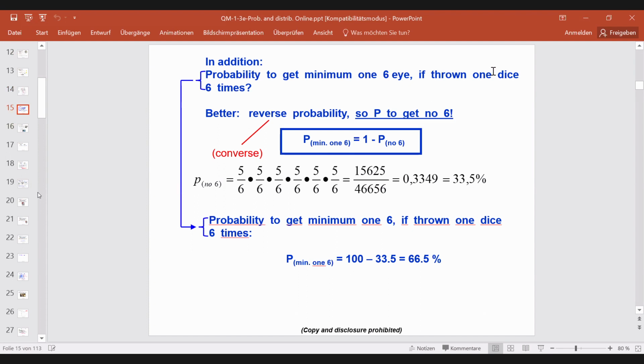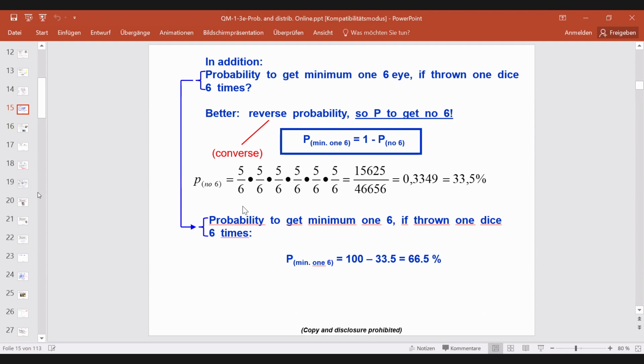So you throw one die six times, and the question is, what is the probability to get at least, so to get minimum one six? In this case, it is better to calculate the reverse probability. The reverse probability means the probability to get no sixes.